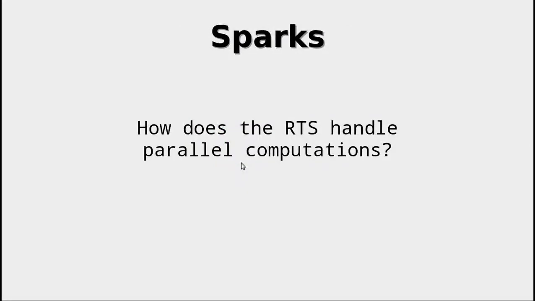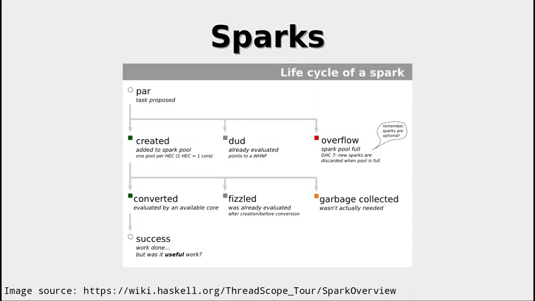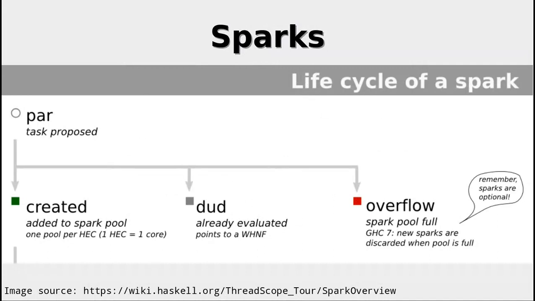Okay, so now we want to answer the question how the runtime system actually handles the parallel computations. It is done with something we call a spark. Now, let's look at the life cycle of such a spark. Now, when we want to propose a task, we don't really create it up front, because let's think about what we actually try to achieve. What we are saying is that, hey, here is some data, here is some thunk that is unevaluated, and now please evaluate it in parallel.